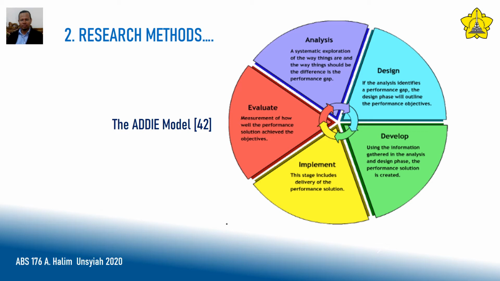Development: using the information gathered in the analysis and design phase, performance solutions are created. Implementation: this stage includes delivery of performance solutions. Evaluation: measurement of how well the performance solution achieves the objective.